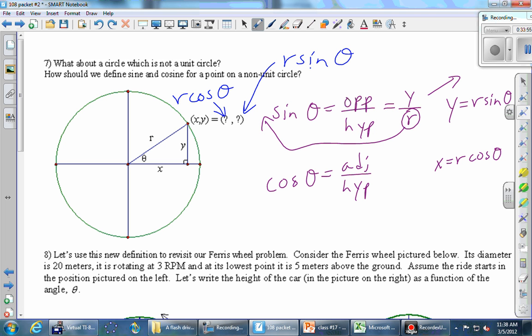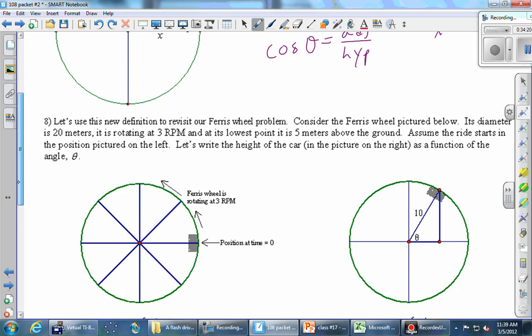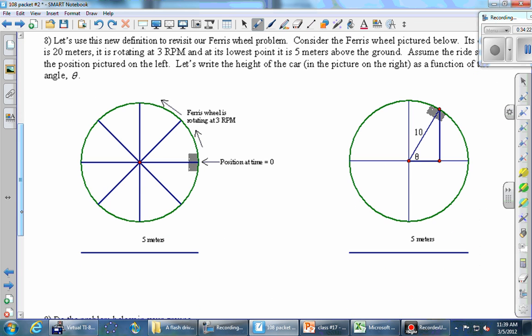Okay, so we'll go to Sarah for number 8. Okay, so we've got this same setup that we had before.